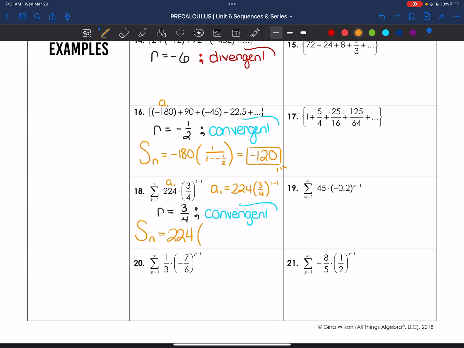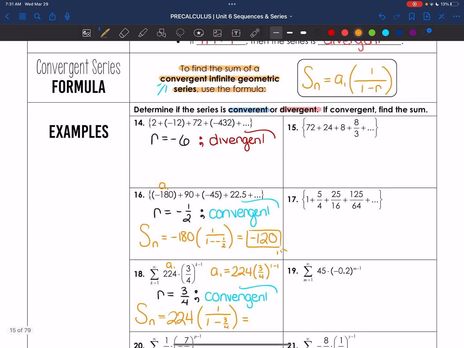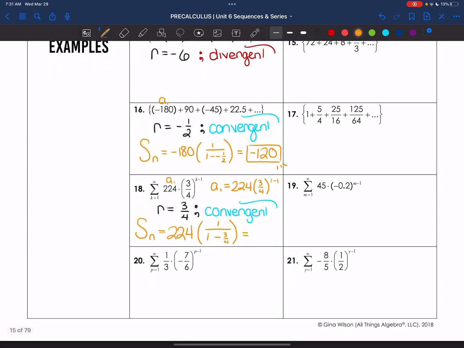And then we multiply that by 1 over 1 minus our r. Will you all go ahead and use your calculator to evaluate that? What is the sum of this infinite convergent series? That is going to be 896.